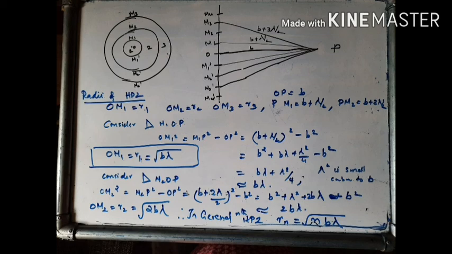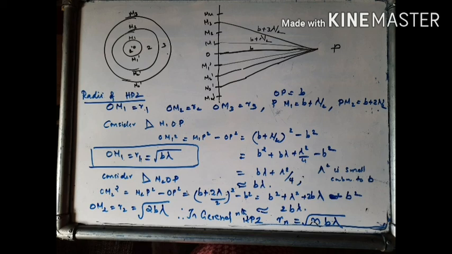Now let us see what the shape of the half period zone is. By constructing half period zones, we are getting concentric circles on the plane wavefront with radii OM1, OM2, OM3, etc. See the figure. I have represented the first half period zone as 1, the second as 2, and the third as 3.